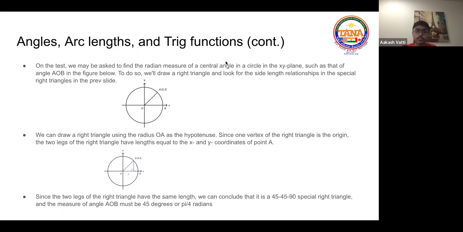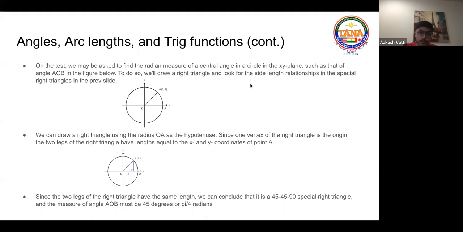Since the vertex of the right triangle is the origin, the two legs of the right triangle have lengths equal to the X and Y coordinates of point A. If you draw it right here, the distance here is 2, because it's a straight vertical line down from A. And the distance up right here is also 2, because again, you're going to point A. Since the two legs of the right triangle have the same length, we can say that it is a 45, 45, 90 special right triangle, so the measure of angle AOB must be 45 degrees.